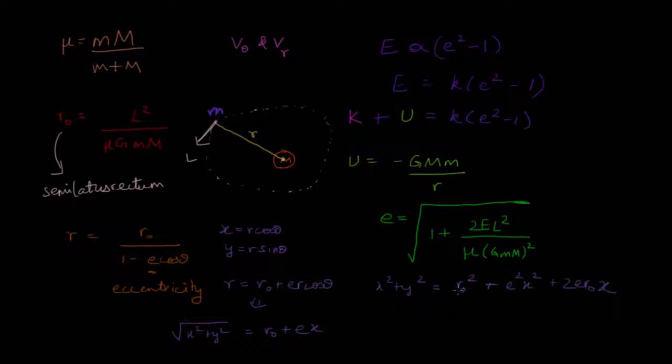Basically I just bring all the x terms on this side. So x square into 1 minus e square minus 2 e r naught x plus y square equals r naught square.